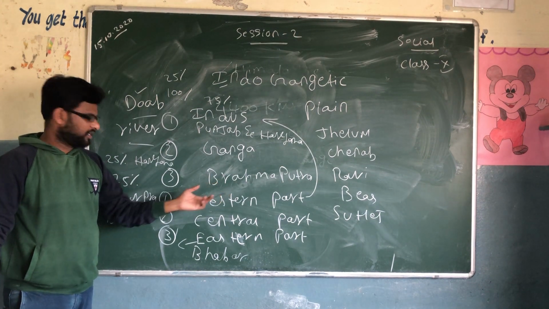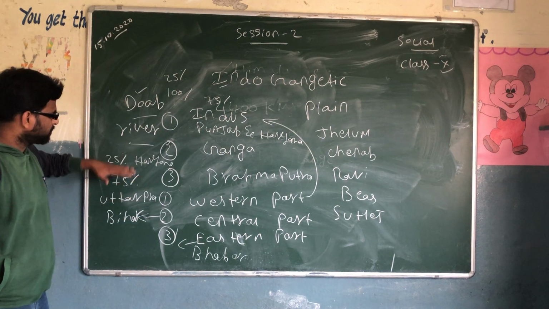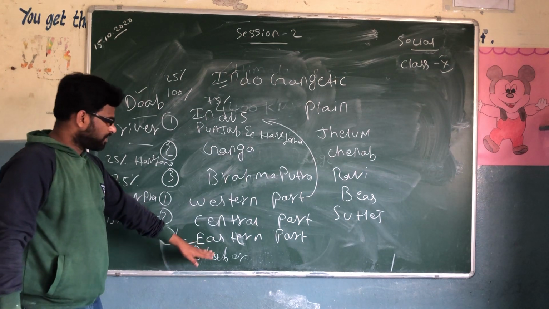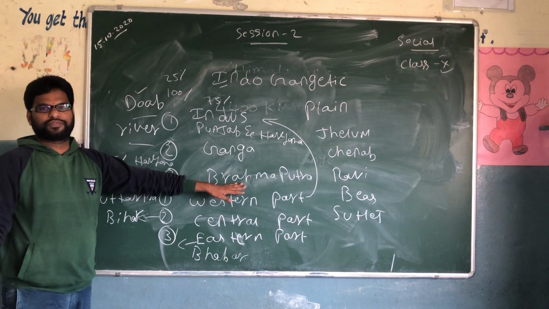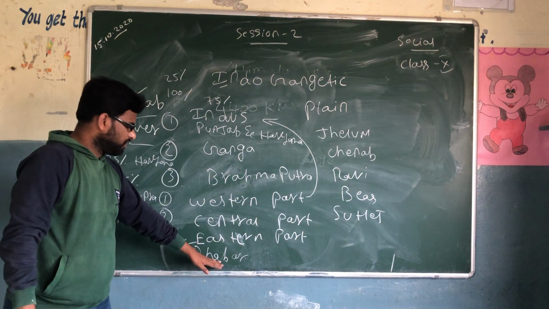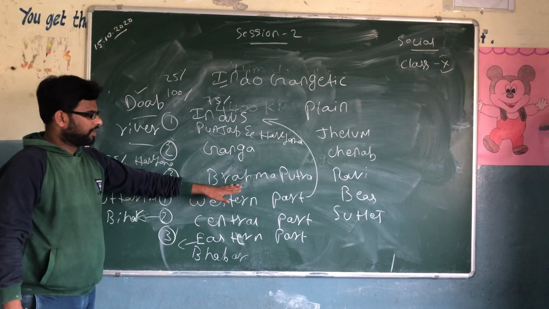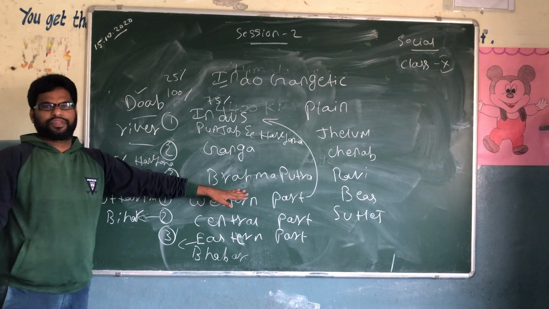Uttar Pradesh and Bihar, and the rest of the minor part is flowing in Haryana, Jharkhand, right? And in the eastern part, you will see Brahmaputra is flowing, and most of the rivers and lakes there are covered by the Brahmaputra valley.